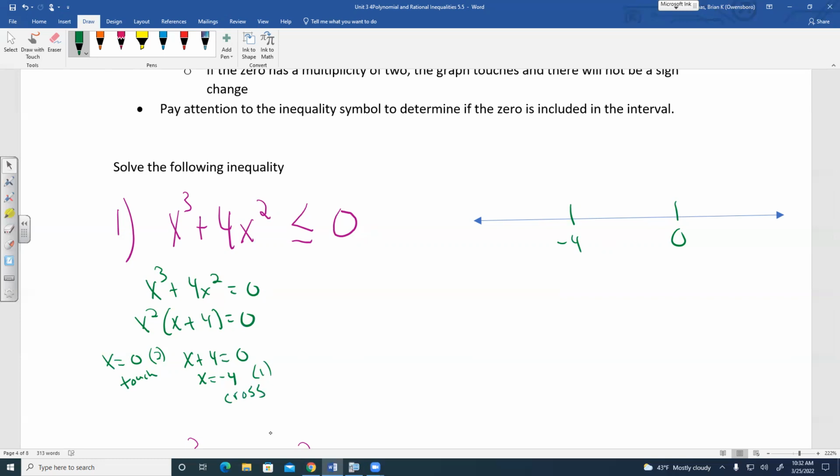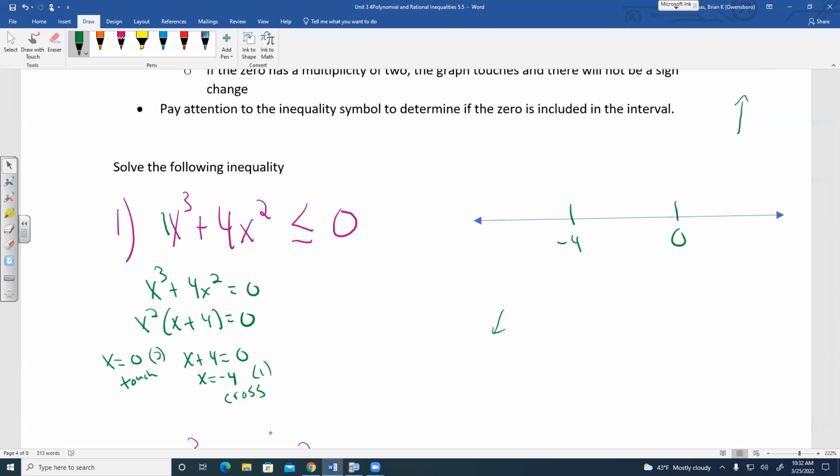So if we're looking at this, again, since the a out here is a 1, this means the behavior of a third degree function, remember, it actually finishes up over here on end behavior and finishes down over here. Okay. So if you recall that, our behavior is up and down.